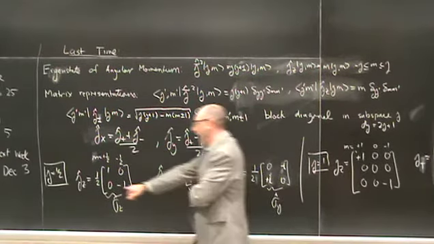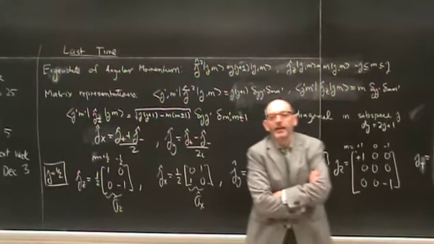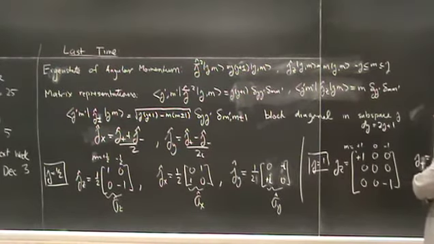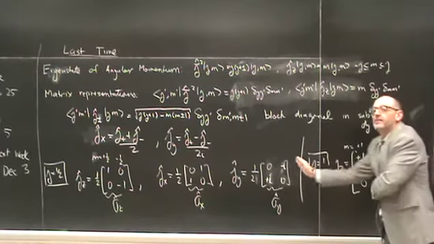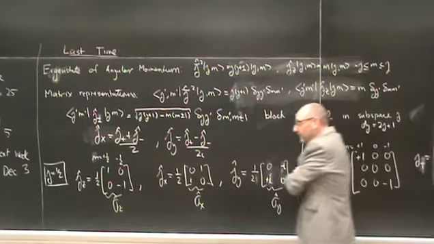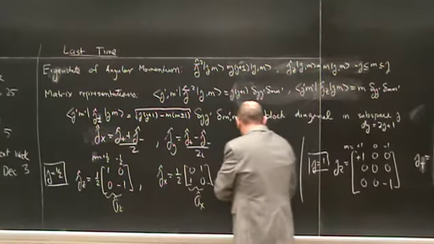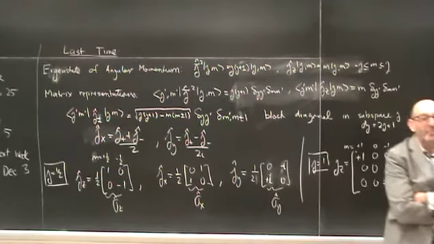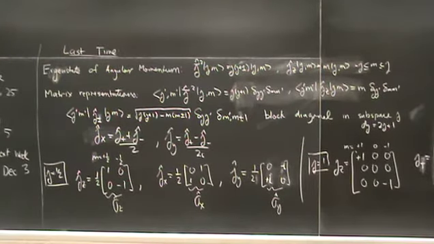Obviously, jz is diagonal, it always is, and jx and jy have non-zero elements one off the diagonal. And of course, these components of angular momentum are related to the familiar Pauli operators that we discussed at the very beginning of the semester and that we will return to after Thanksgiving.